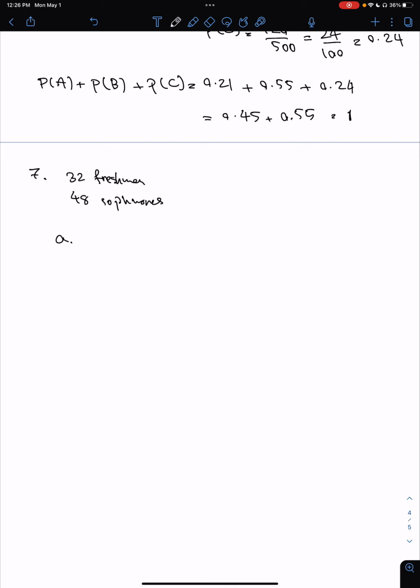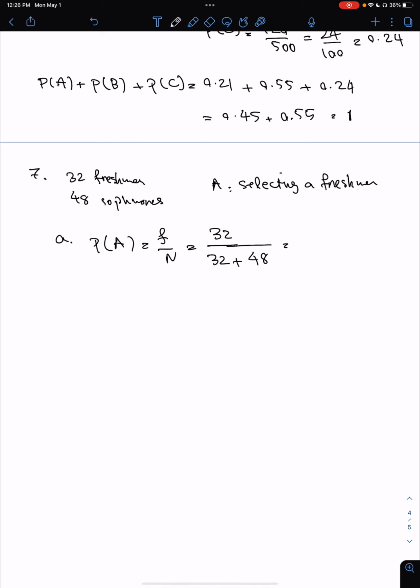So for the probability of selecting a freshman, we define event A as selecting a freshman. So P of A equals F divided by N. F we know is 32, and then N is 32 plus 48. This is 32 divided by 80, which is equal to 0.4.